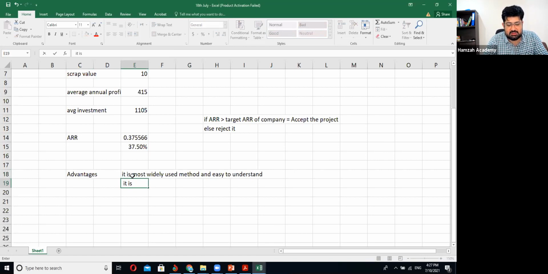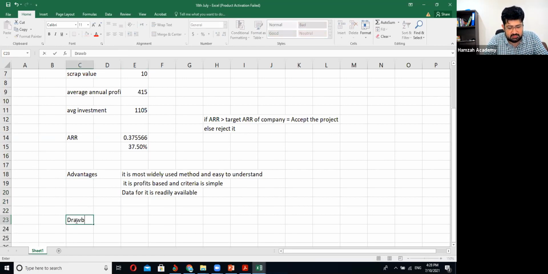It is profits based and the criteria is simple. Data for it is readily available.